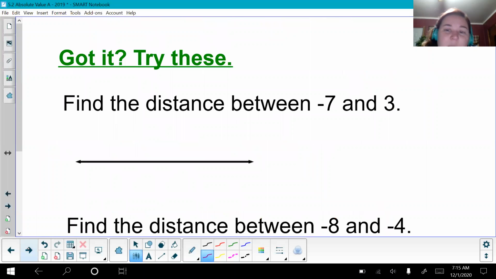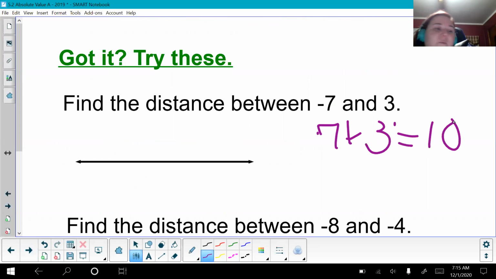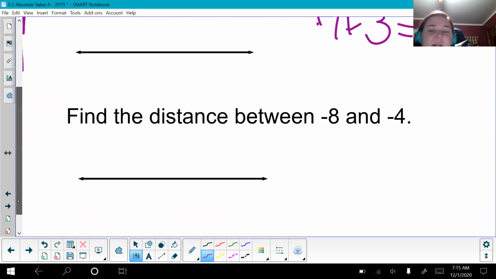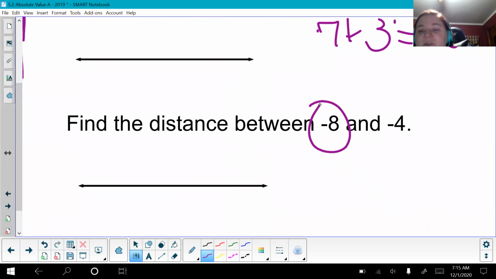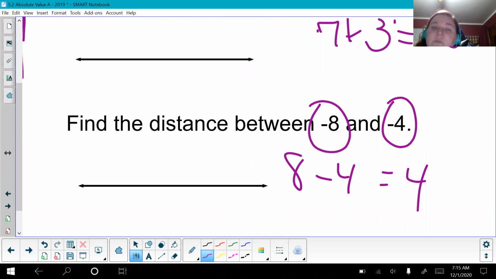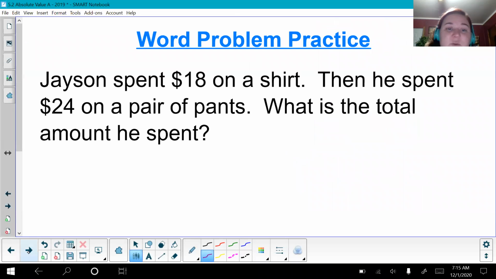So keep that in mind. If I asked you to find the distance between a -7 and a +3, they're on different sides, right? So you would add, and this would be 10. If I had the distance between a -8 and a -4, I would subtract. And it's 4 spaces. I'm just saying spaces; these answers won't technically be negative or positive in this case, just how many spaces in between.